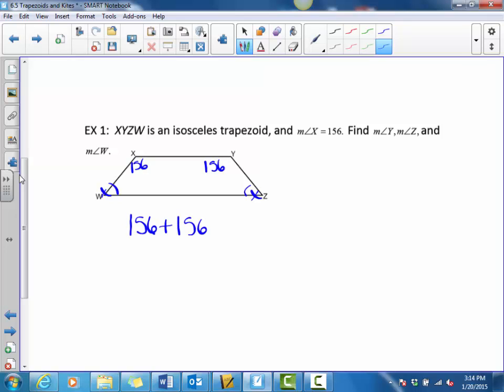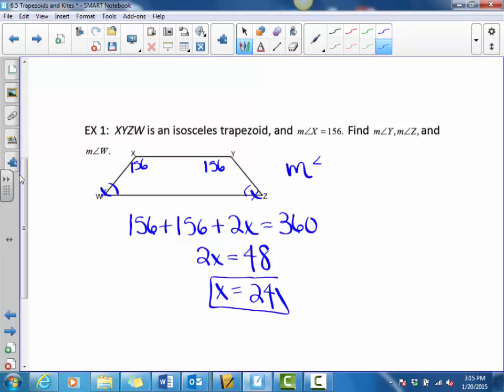156 plus 156 plus 2x equals 360. 2x equals, let's see, 156 plus 156 is 312. If I take 360 minus 312, I have 48. So 2x equals 48. When I divide both sides by 2, I find out that x equals 24.